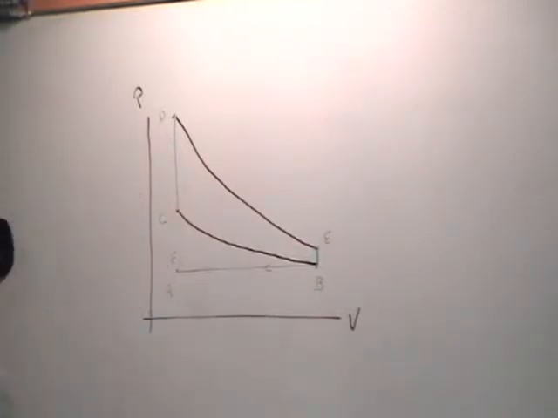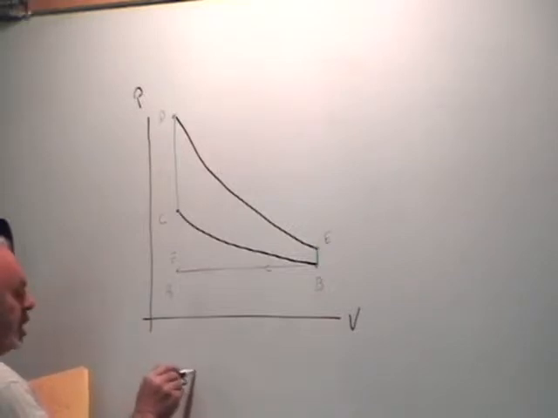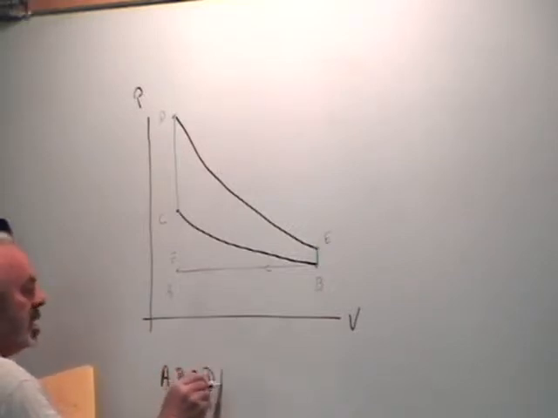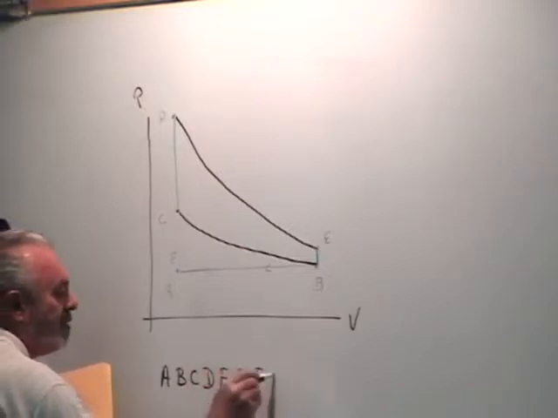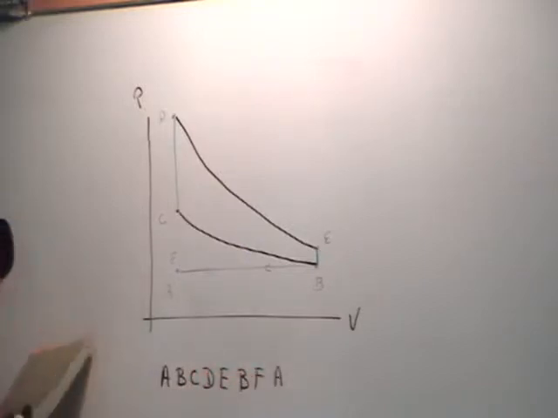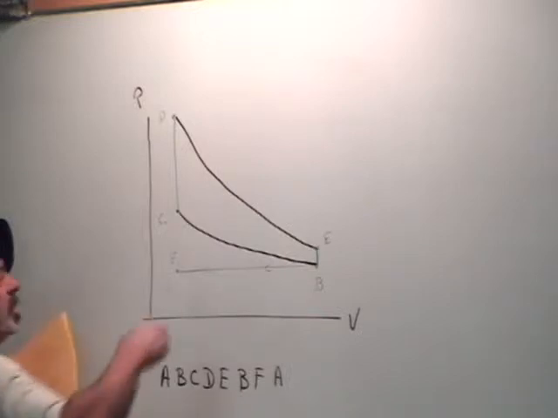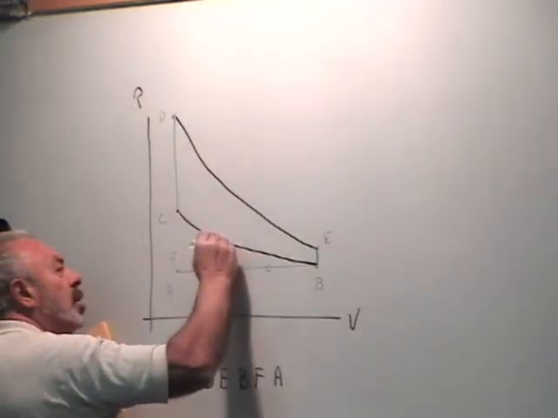Let me start by simply writing it down. It's going to be A, B, C, D, E, B, F, then A again. So what she's simply asking is a whole lot easier to just draw the arrows on here.